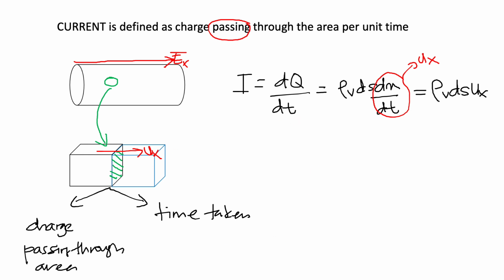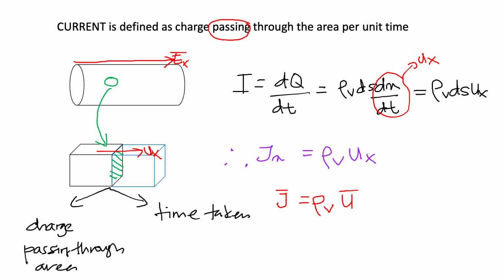So I can write that the current density in the x direction, because now it moves in the x direction, is equal to rho v ux. Now we make this a general equation, because we know that the current density is a vector, so we need to write it like this: J equals rho v u.